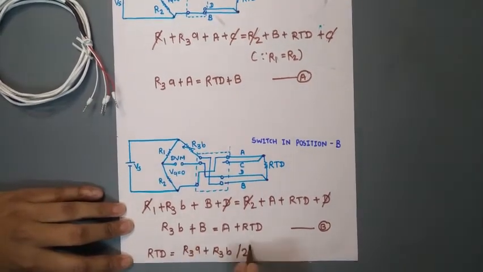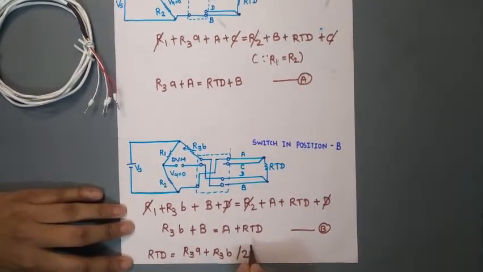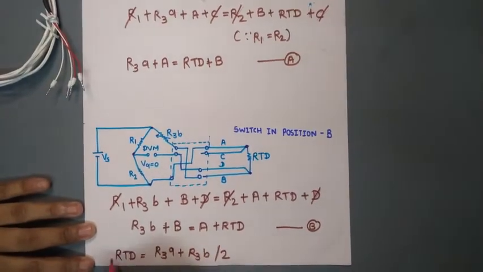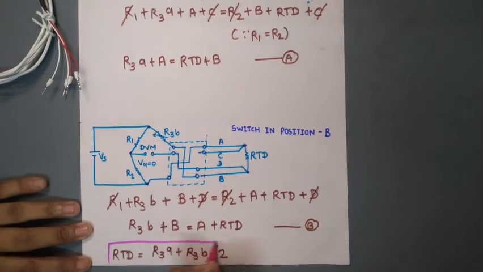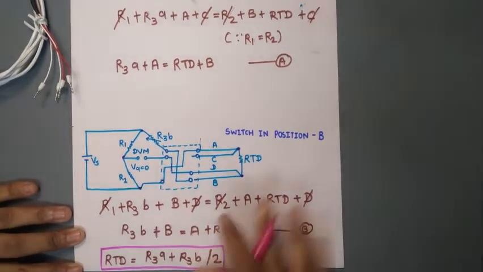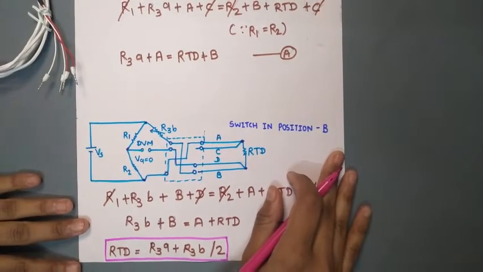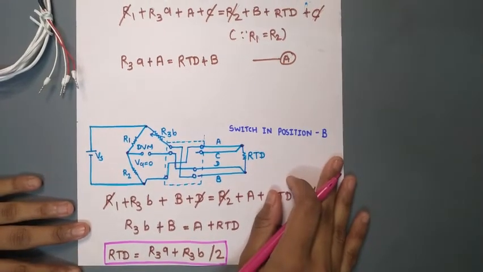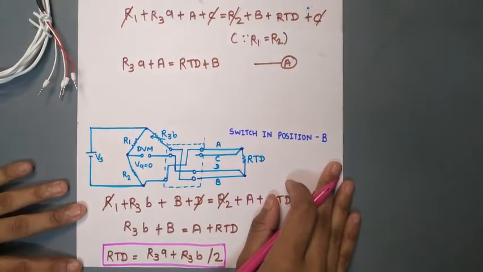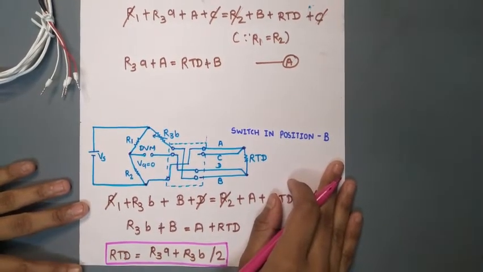So this is the main formula for 4-wire RTD. This 4-wire RTD can be used for more accurate results of temperature measurement, majorly in laboratories where accuracy is needed.